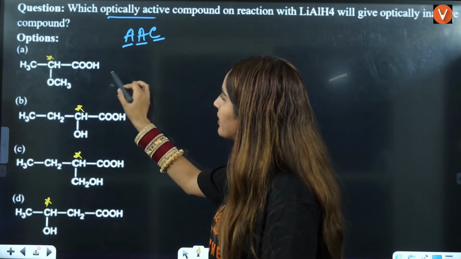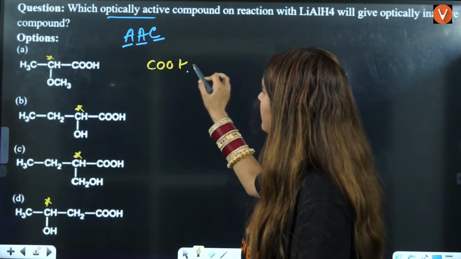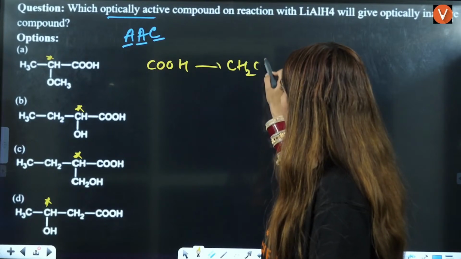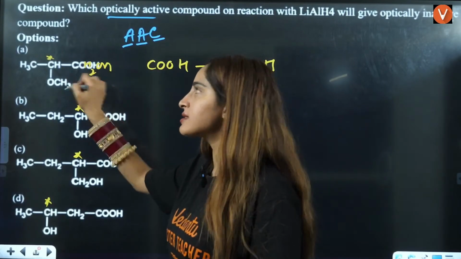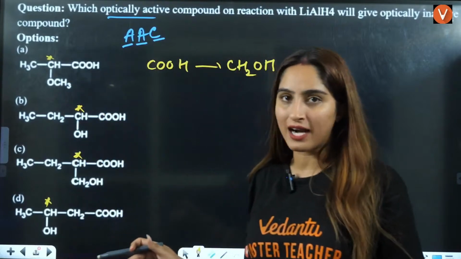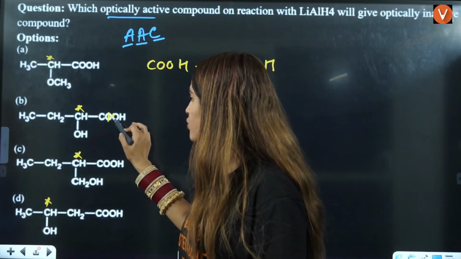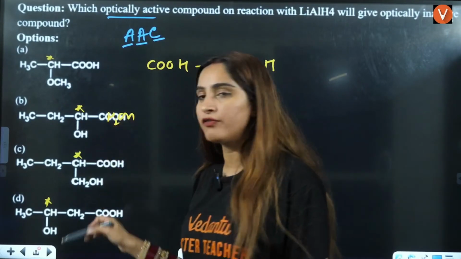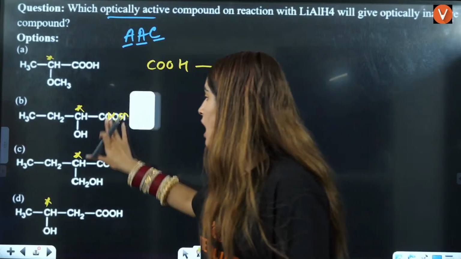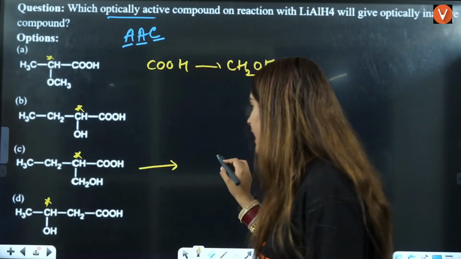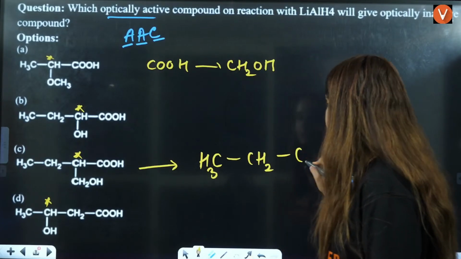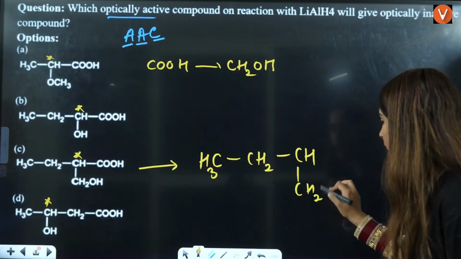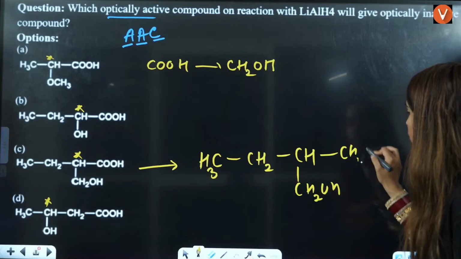So when you convert it, here COOH will be reduced to CH2OH in all the cases. When you write CH2OH here, this is again chiral, so again it is active only. This is CH2OH, again it is chiral, 4 different groups, again it is active. But when you convert this, it will become CH3CH2CH2OH, and this is also CH2OH.